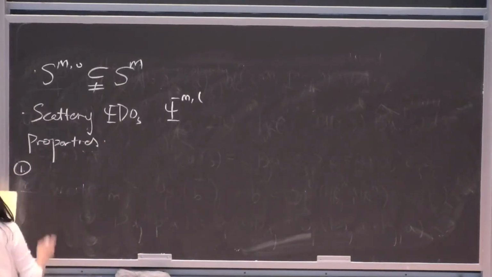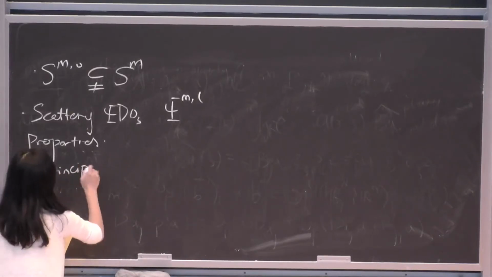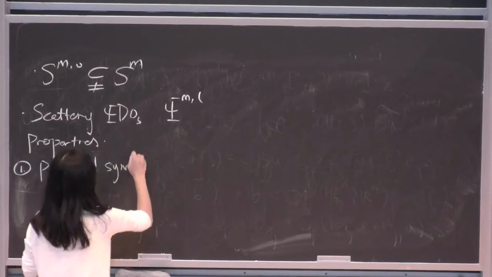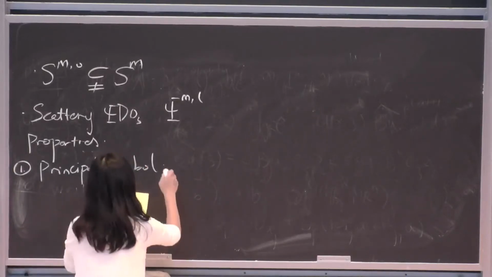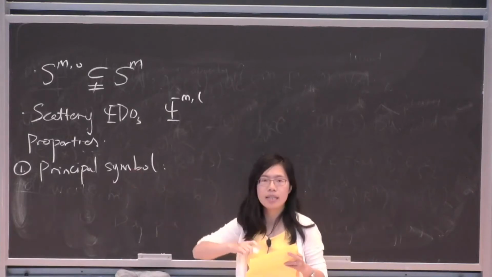Property number one: again, you have a principal symbol map. But this time, the principal symbol map is not only taking the leading order of m, but I'm also considering the decaying x.